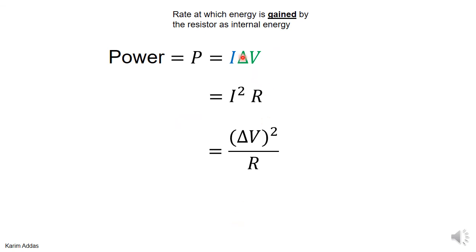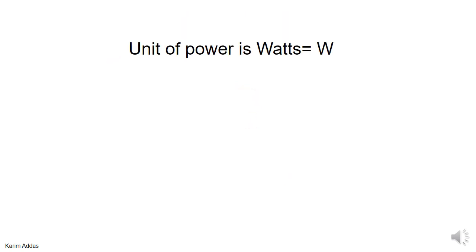So you have three different ways to write the rate at which internal energy is gained by the resistor: I delta V, I squared times R, or delta V squared over R. The unit of power is watts.